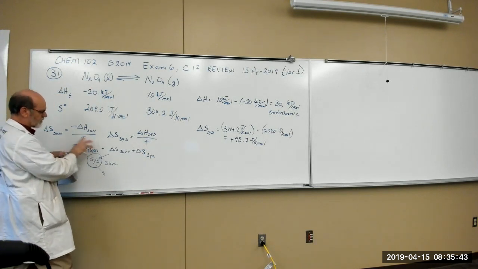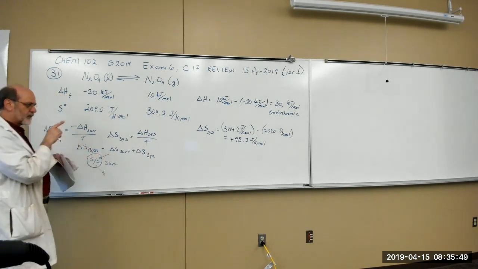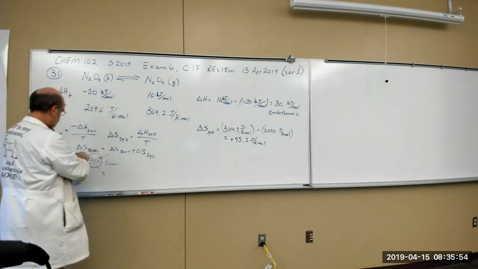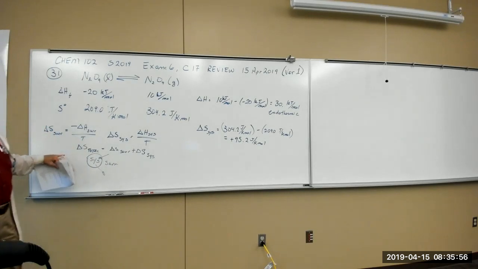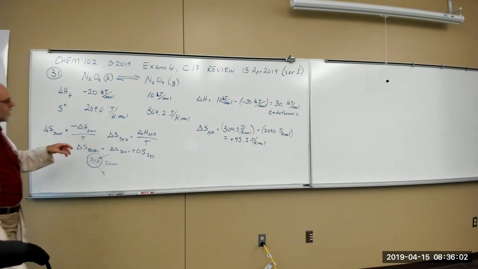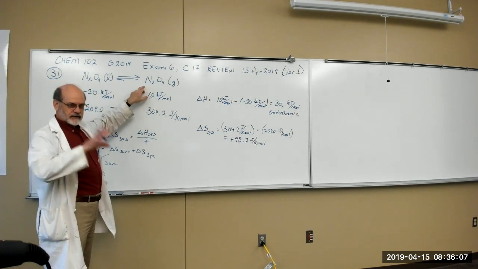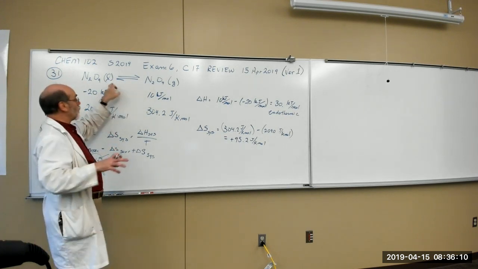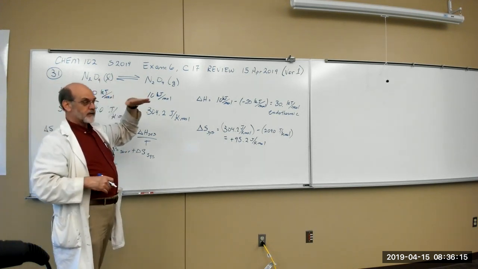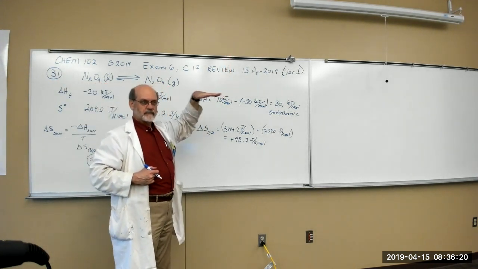So the total S is going to be some value, but if we're at the vaporization point, then delta S total is 0, because we're at an equilibrium position. If we're at vaporization of a liquid to a gas, that's equilibrium until all the liquid's gone. That's why the boiling point of a liquid stays the same until all the liquid's gone, and then it starts to go up again. Remember that?